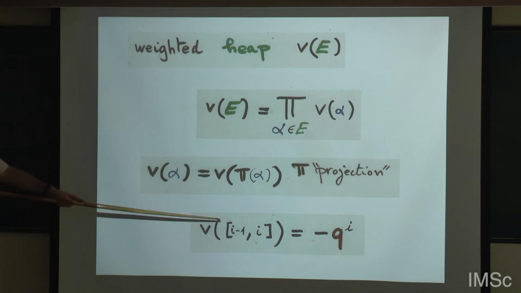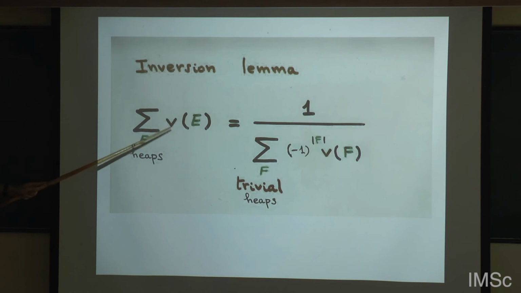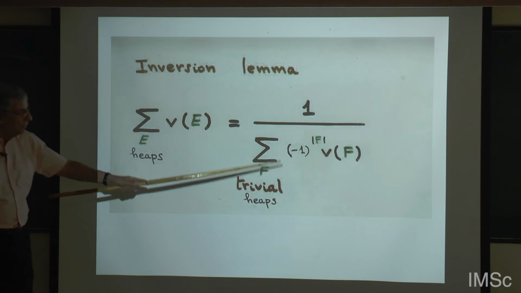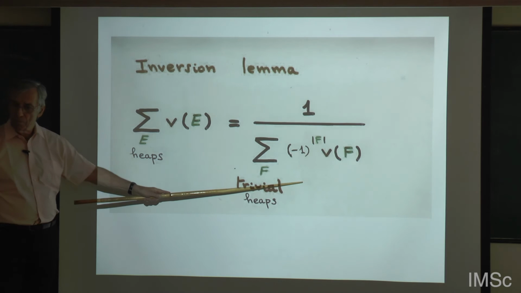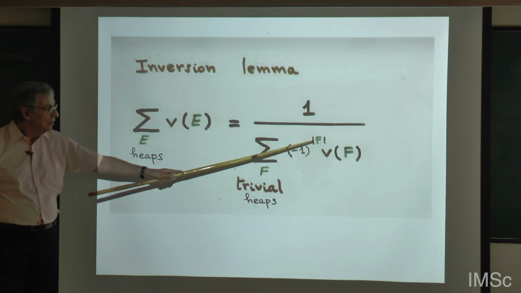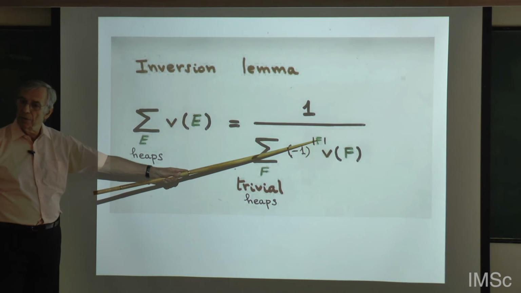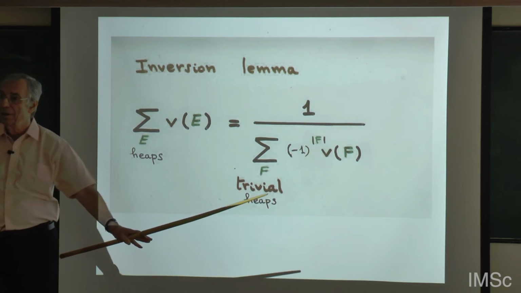When you have weighted heaps like this, with this weight, the inversion lemma tells you that the generating function of weighted heaps, this is very general, I am going to apply this to semi-pyramids, is the inverse of the generating function of trivial heaps. What do trivial heaps mean? There is a plus or minus according to the number of pieces of the trivial heaps. And trivial heaps means that all the pieces are on the floor.